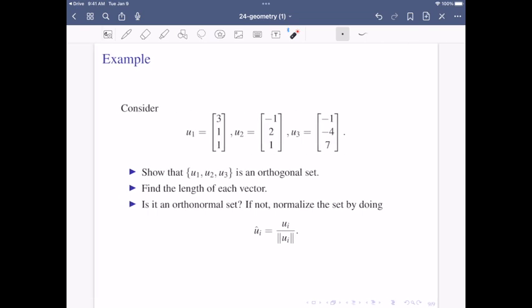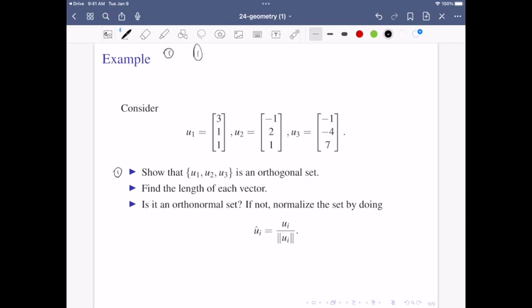Now the last example, let's look at the three vectors given here. Is it an orthogonal set? To check that, we actually need three computations.